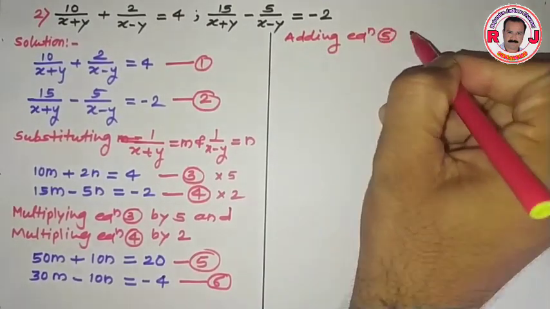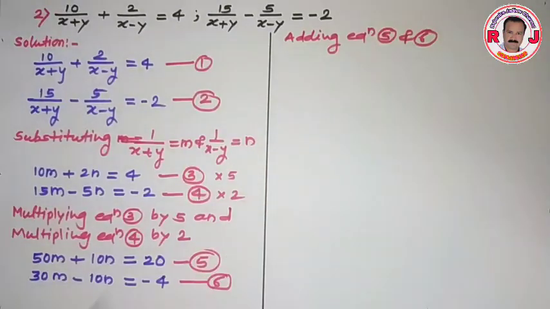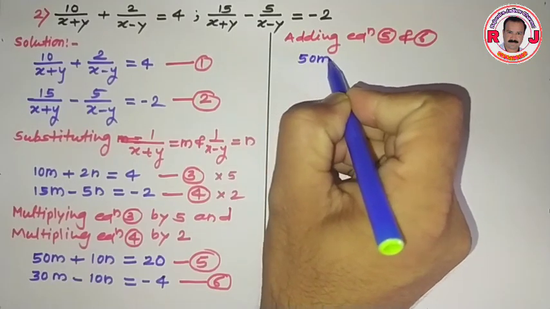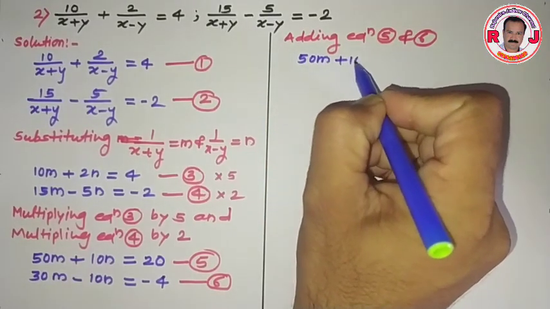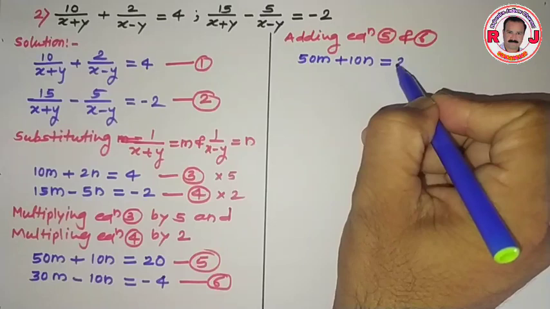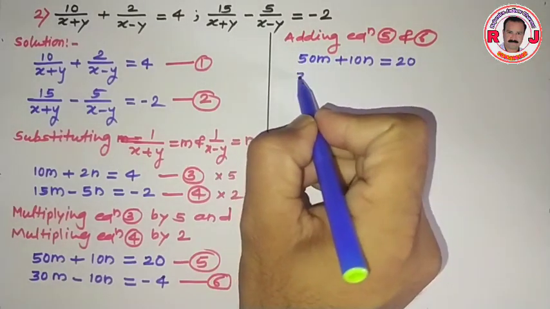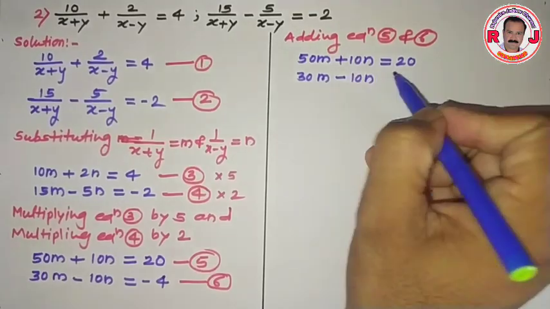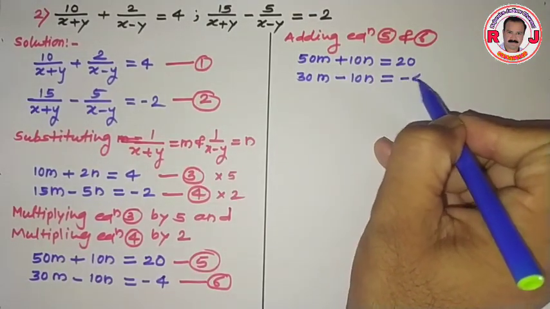इक्वेशन 5 and 6 या दोन समीकरणांची बेरीज करा. Here write down this equation: 50m plus 10n is equal to 20 and 30m minus 10n is equal to -4.